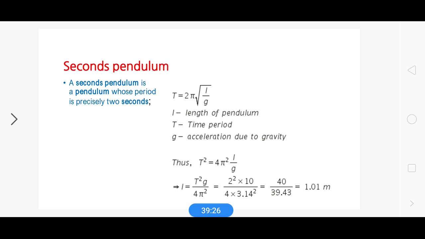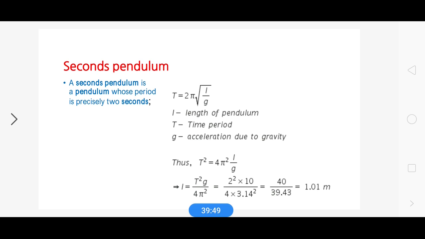Here I am simply squaring on both sides. T square is equal to 4 pi square L by g, since the square of root of L by g gives L by g.